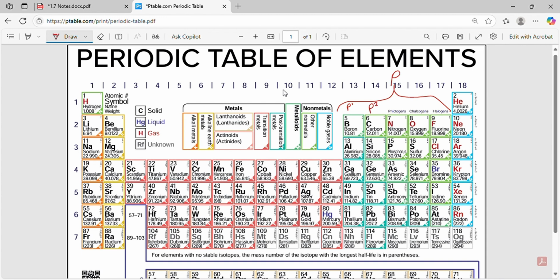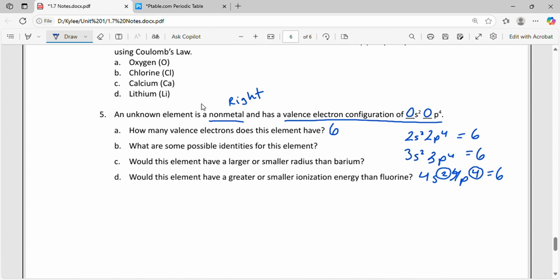Carbon's column would all end in p2, nitrogen in p3, and so the column that ends in p4 is going to be this column with oxygen in it. So when they ask us for some potential options, it could be oxygen, sulfur, selenium, tellurium. So I'm going to come back over here. It could be oxygen, sulfur, selenium, tellurium.